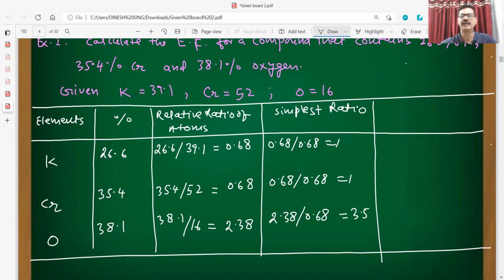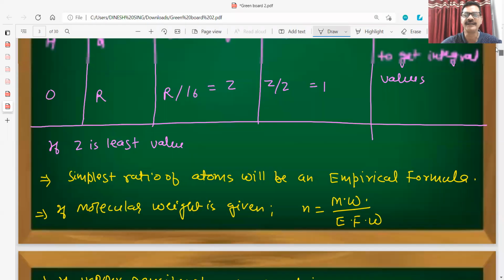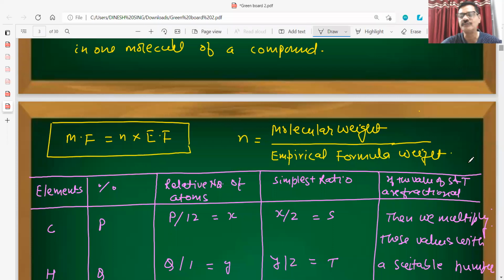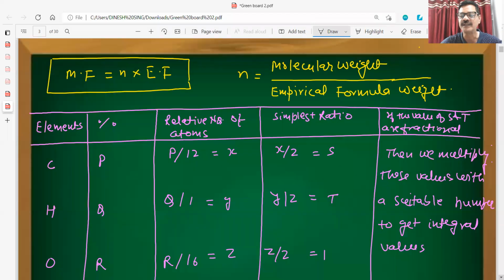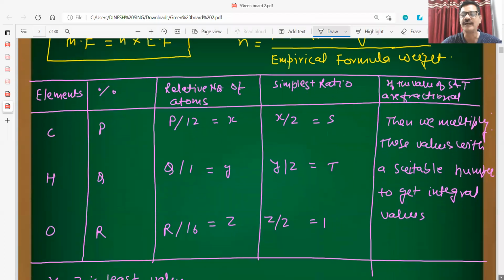So just see, I told this earlier: if this ratio is not having an integral value, and the values are fractional, then we multiply these values with a suitable number to get integral values.